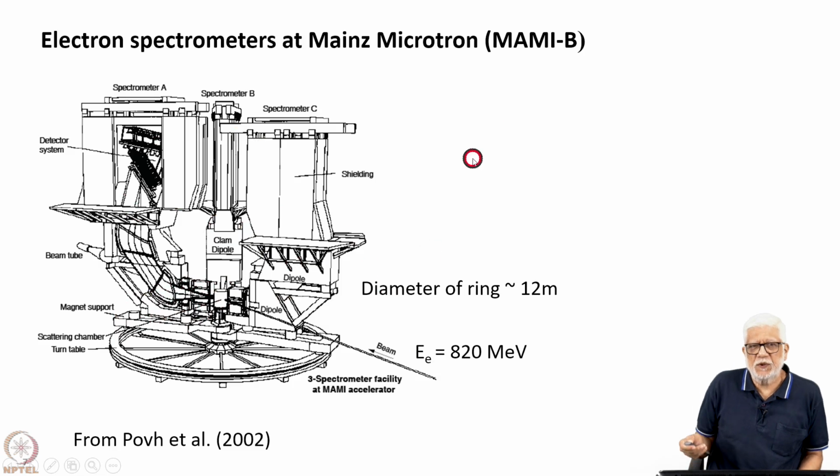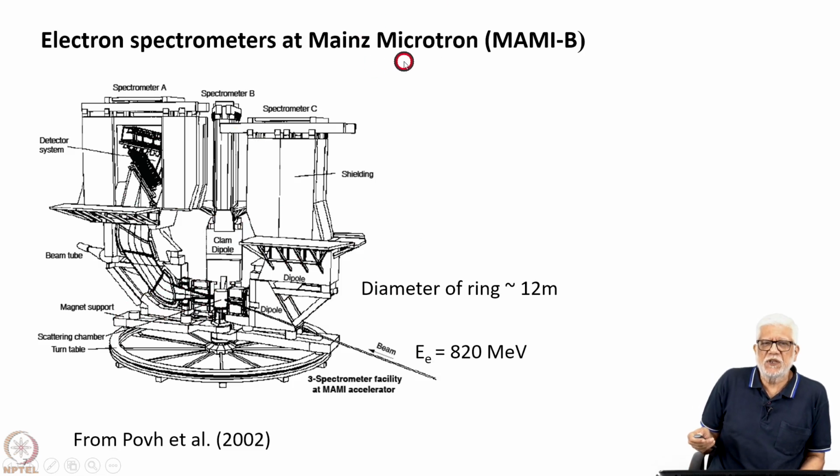So, for instance, from the MAMI machine, you can get an 820 MeV electron, and you can look at these electrons in any one of these spectrometers.